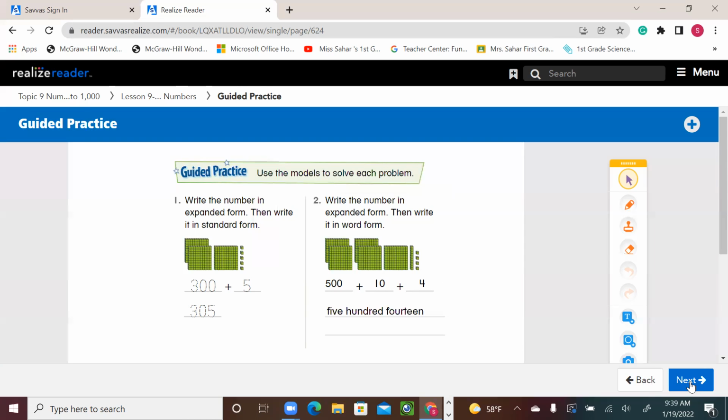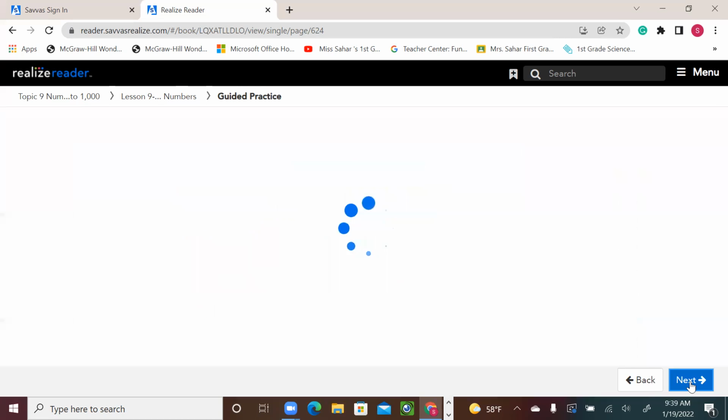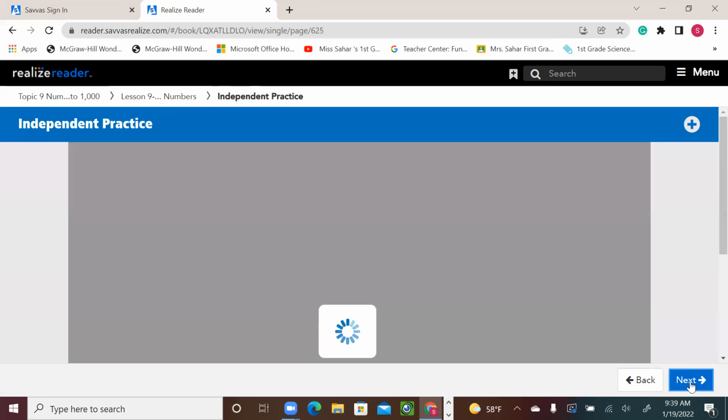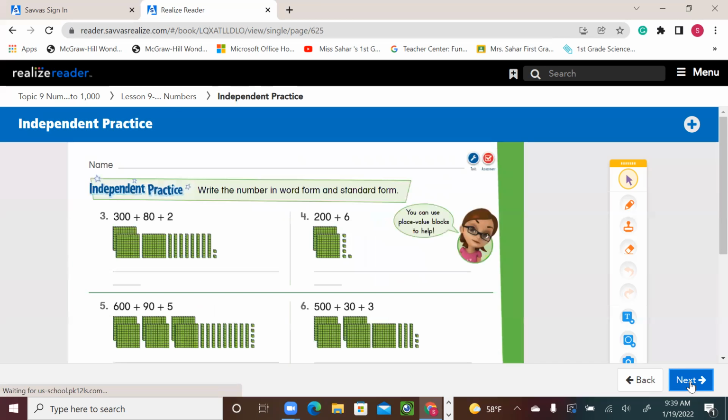Okay. Let's do one more from our independent practice, your book, page 391. Write the number in word form and standard form. So we have it expanded. We need to write it in word form and in standard form. So I see 3 flat hundreds, so 300. I see 1, 2, 3, 4, 5, 6, 7, 8. That's 8 tens, and then 2 ones.